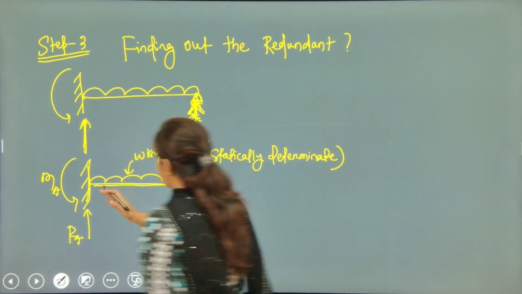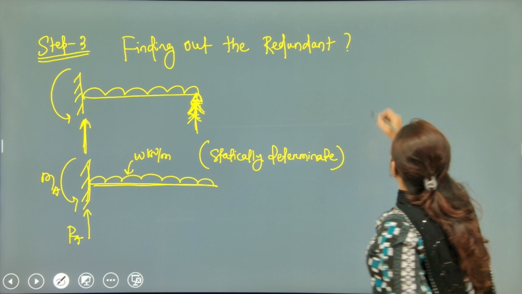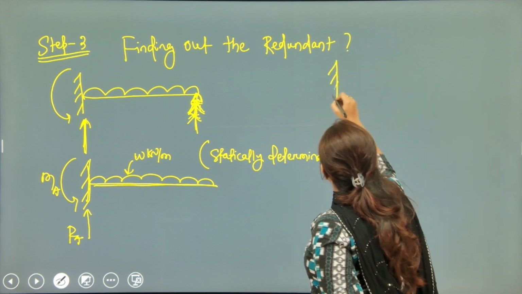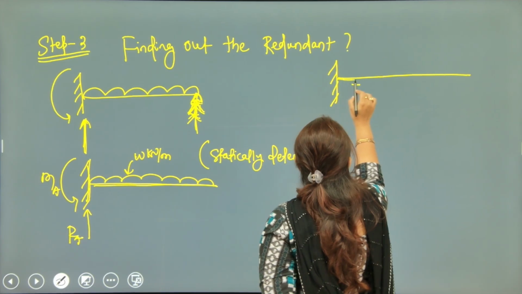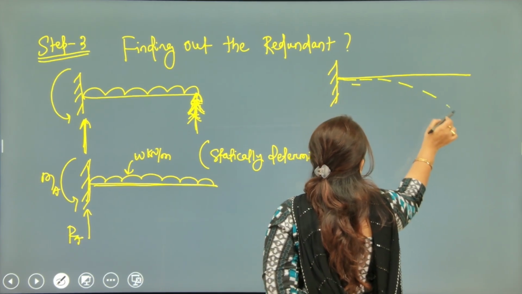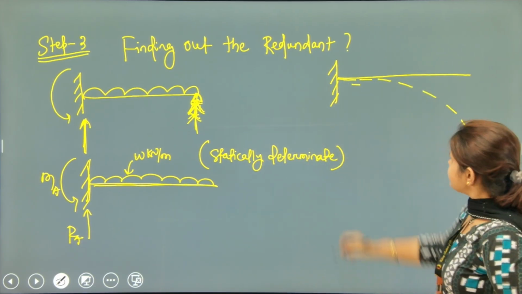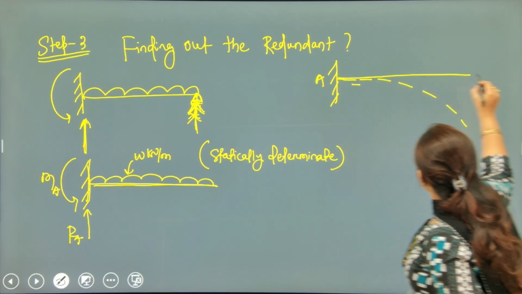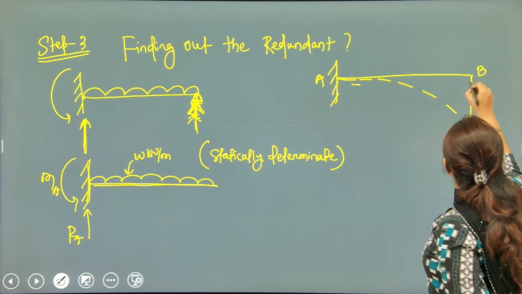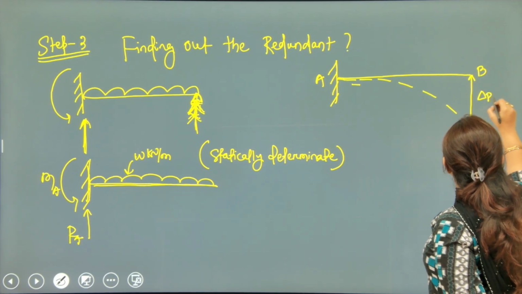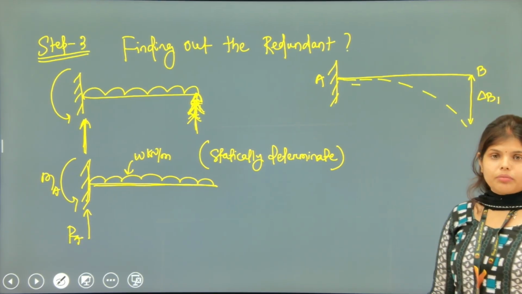When the structure is like this, after applying the load, it will look like this, with A and B. This deflection, let's name it delta B1.